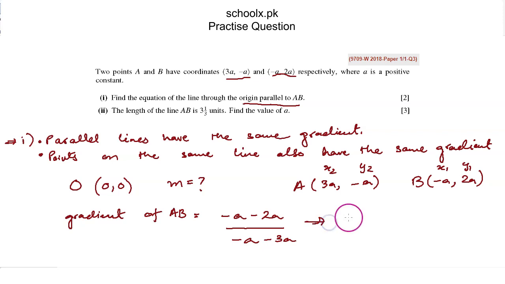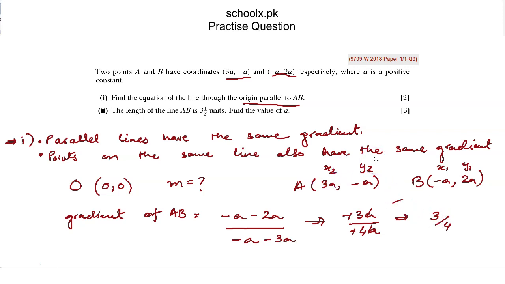So this becomes 3a over negative 4a. The a cancels out, and so does the negative sign. So the gradient of AB is 3 by 4.